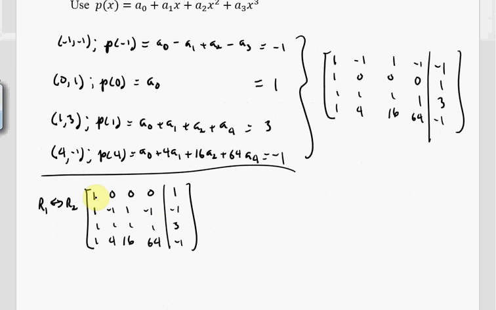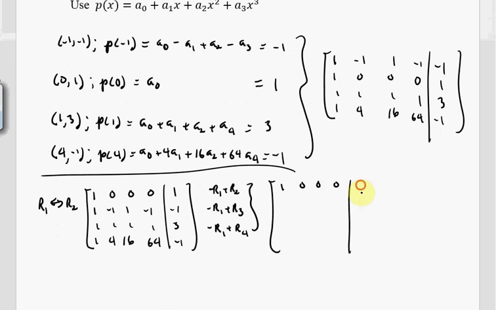We do that. We have negative row 1 plus row 2, negative row 1 plus row 3, negative row 1 plus row 4. So we get 1, 0, 0, 0, 1, 0, negative 1, 1, negative 1, negative 1, 0, 1, 1, 1.